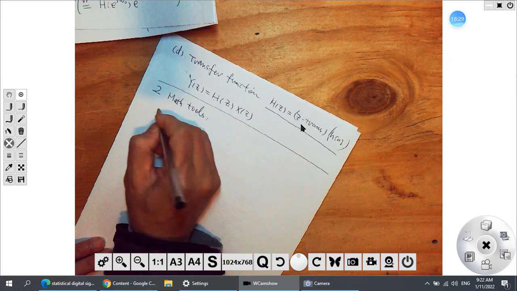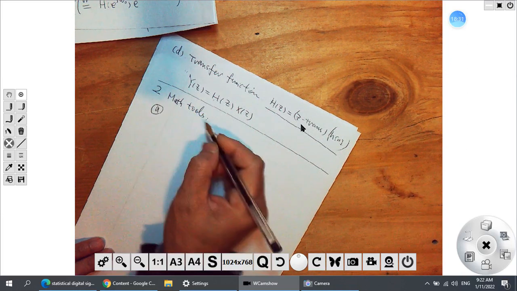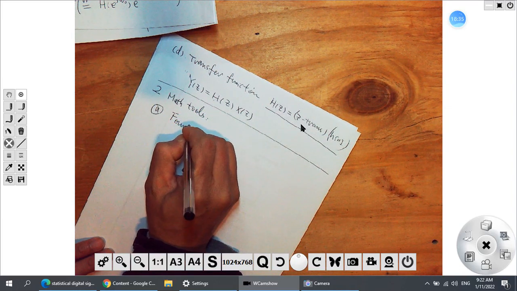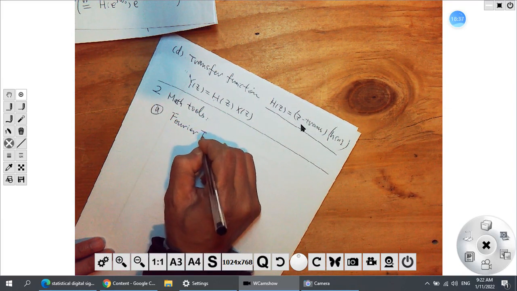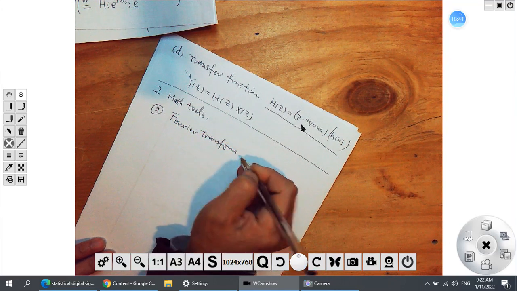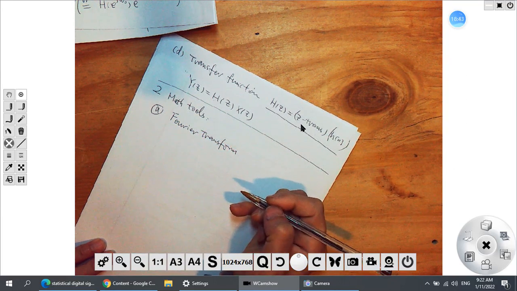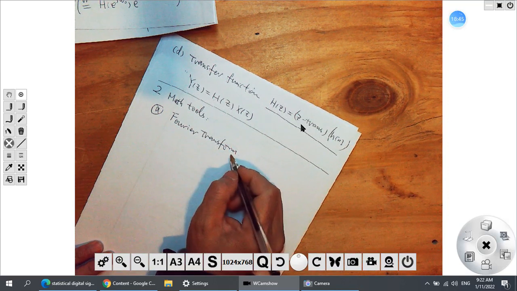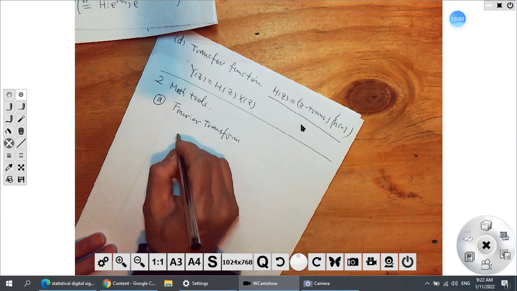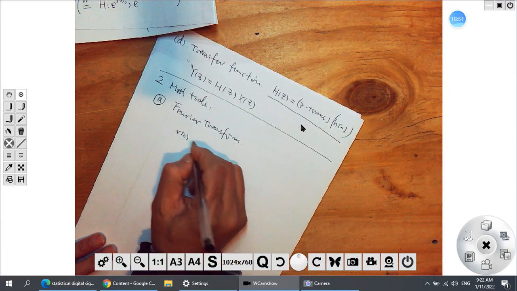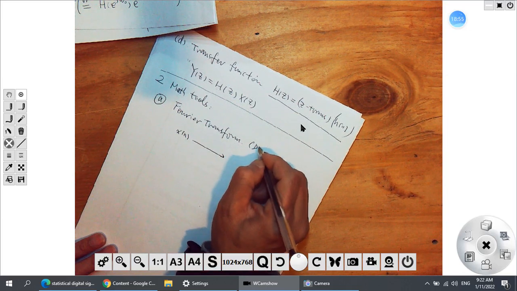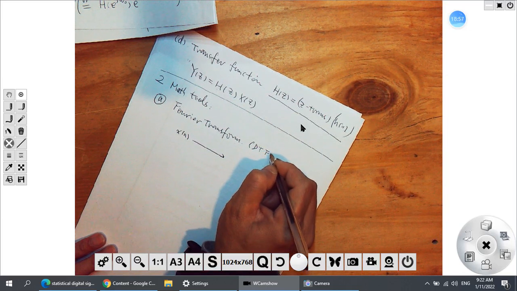The first one is the Fourier transform, and the definition is like this. You have x of n, and here we will consider the DTFT, the discrete time Fourier transform.